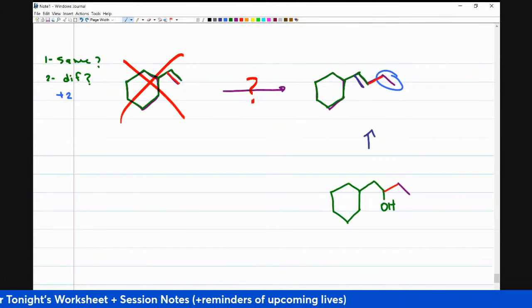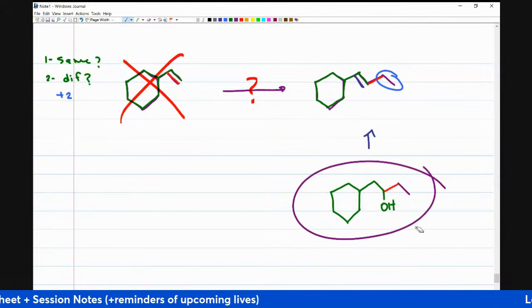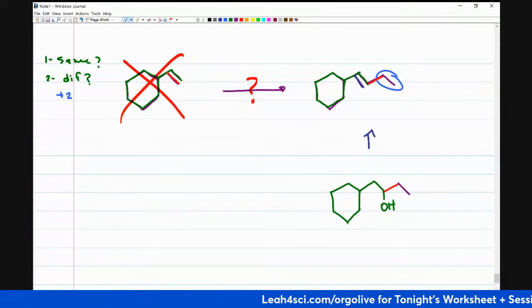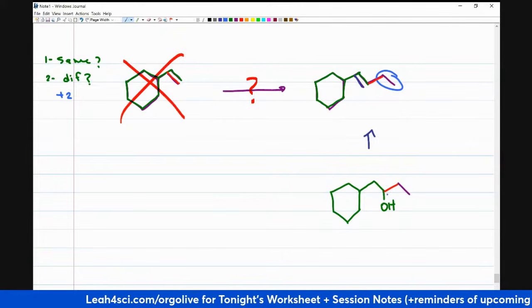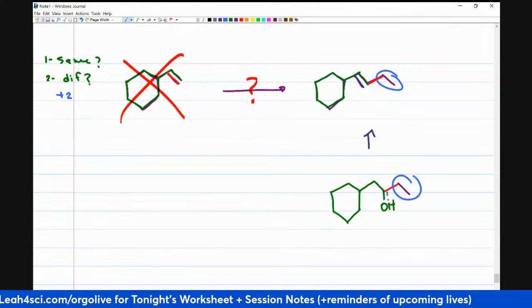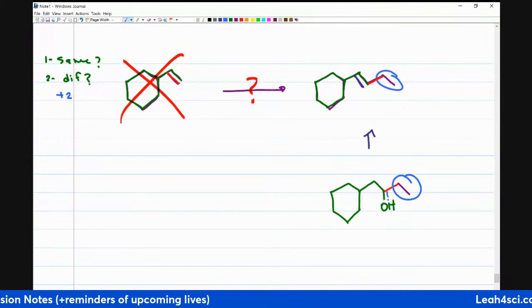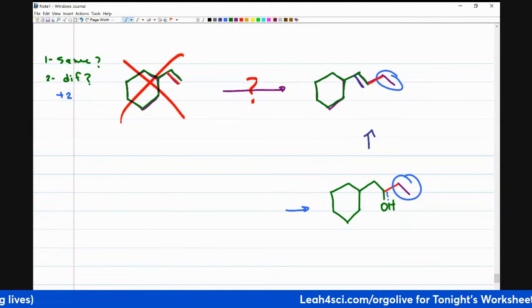Now, can you try to envision a reaction that grows the chain so it looks this way? Why, yes, of course. We know that the alcohol could have come from a carbonyl, and that could have been my Grignard. Or it could have been the other way around, but why not? Let's do it this way. If this came from a carbonyl, what does that look like?